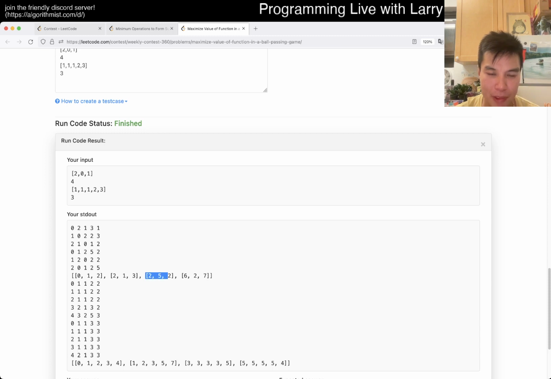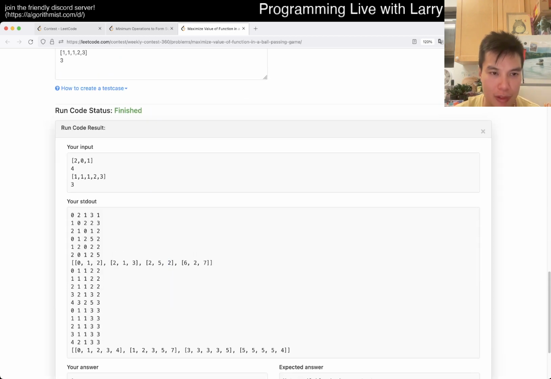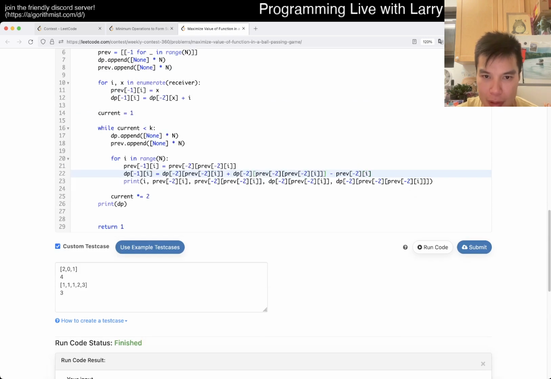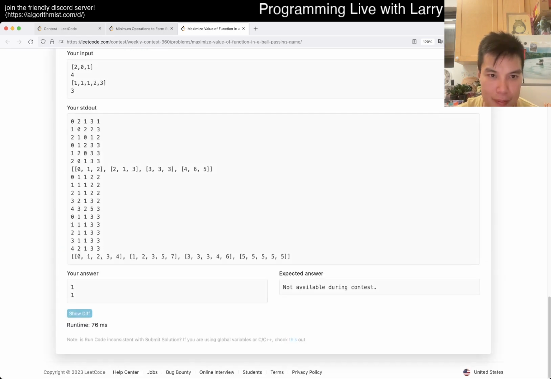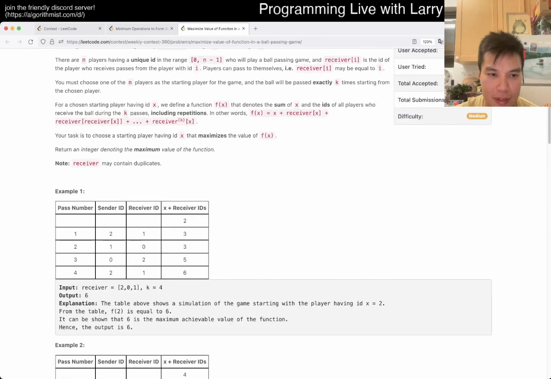I mean, this shouldn't be smaller, so that's definitely a little bit wrong. But 0, 2, and 1. So actually, the repeating part is this part. Okay, so 4 is 5.